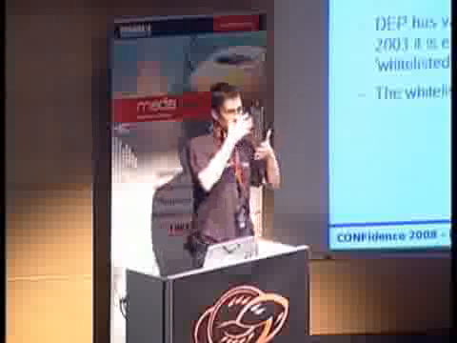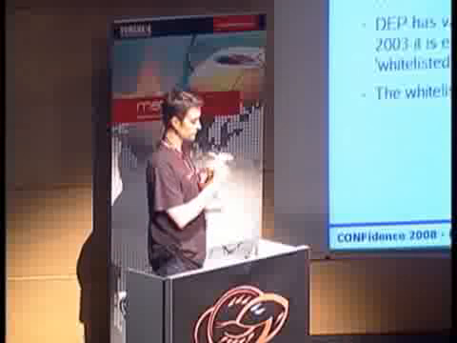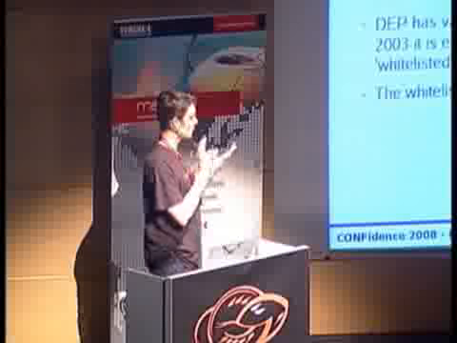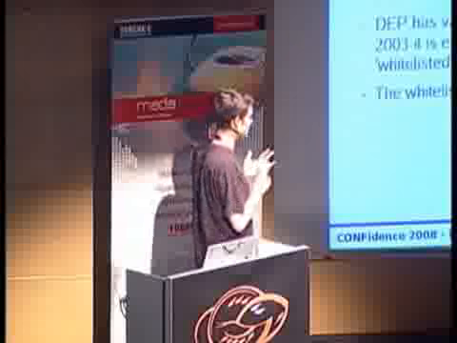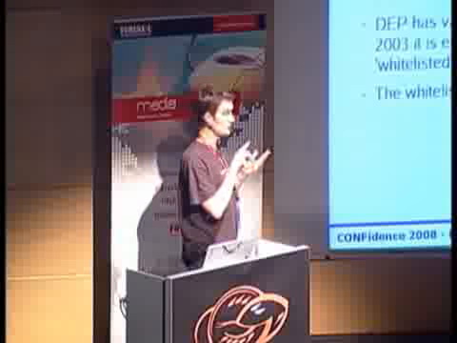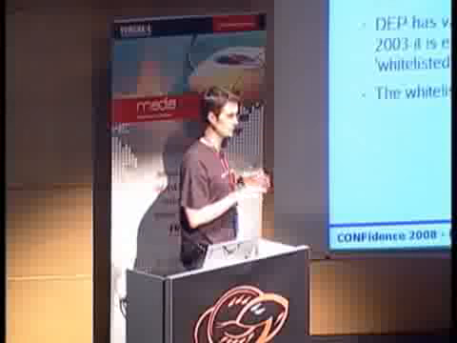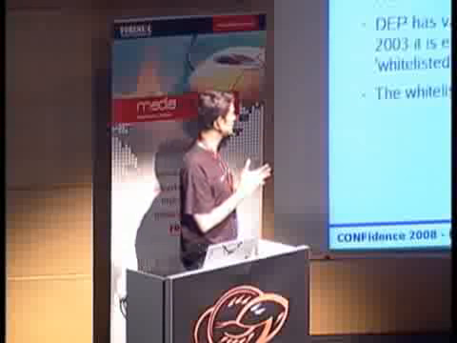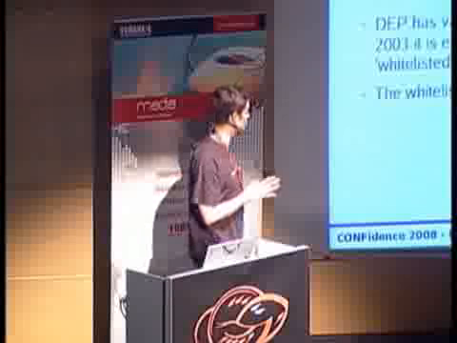There are actually 4 configurations for that. It can be always on, so it is used for every executable on the machine. Always off, so it's actually disabled. Opt-in, which means that it is used only for system executables and libraries, but not for other executables unless they are specifically listed to be protected, which is the default value for XP SP2.